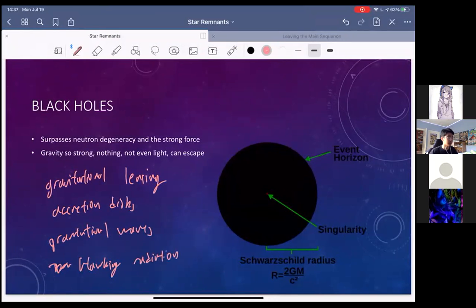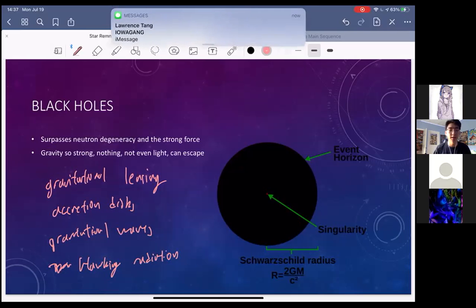There's so much interesting stuff around it because this is where physics breaks down. We don't know what happens beyond the event horizon. That's why there's so much theory around black holes, but it's so much that we don't have the time to go in depth today.